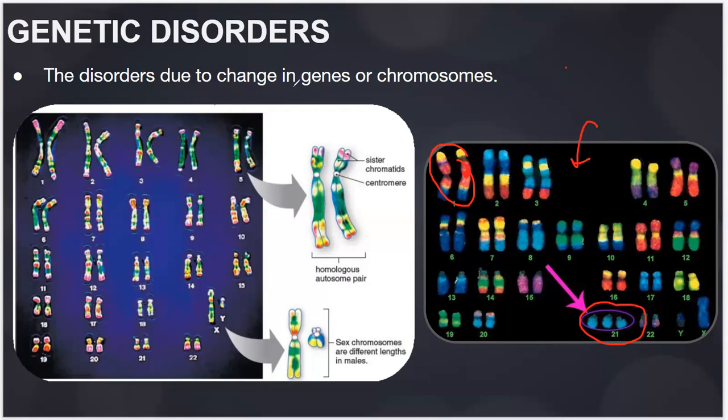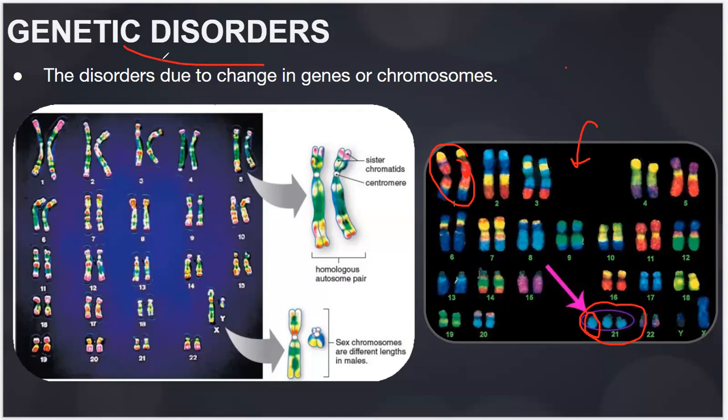But here you can see an extra addition of a chromosome. As you can see, there is an additional copy of the 21st chromosome. So in this genetic disorder, we are going to see disorders which result from addition or deletion of a number of chromosomes. The previous genetic disorders that we were discussing were regarding point mutation.